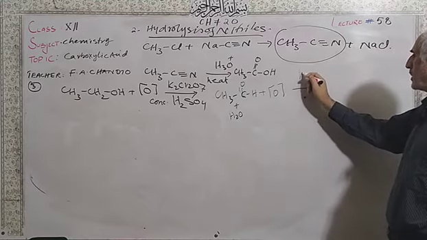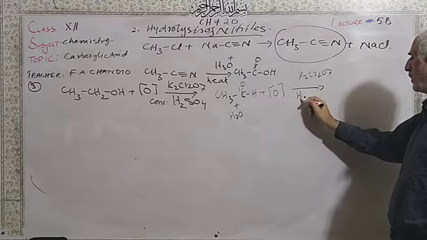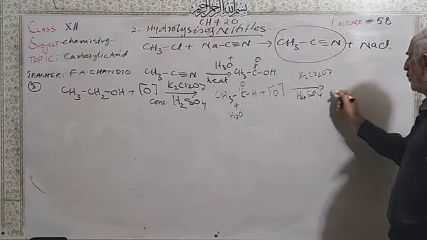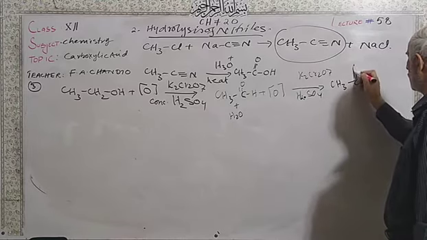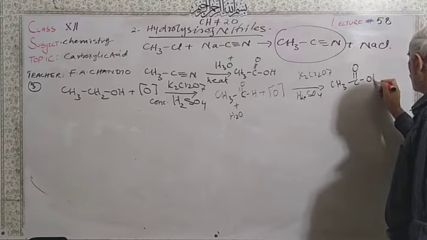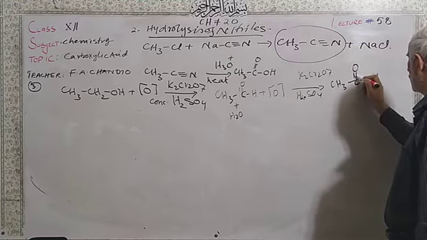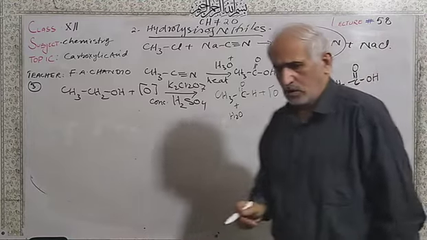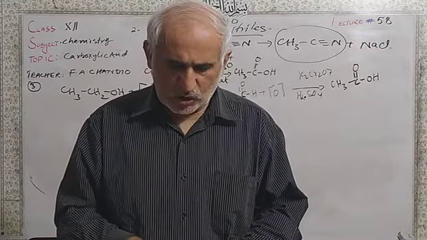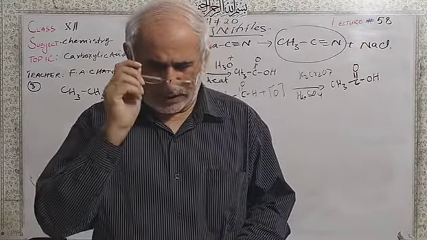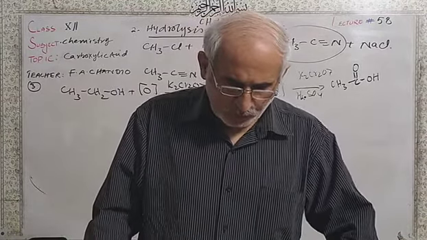So this oxidation continues. Same conditions, so you will get carboxylic acid. This carboxylic acid is prepared from the catalytic oxidation of alcohols, through intermediate aldehydes, then you will get the carboxylic acids.